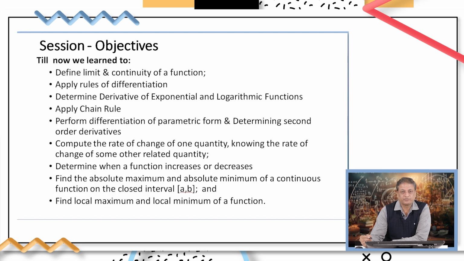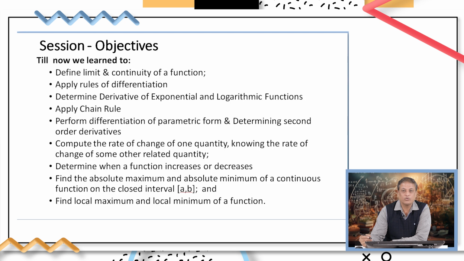Apart from this, we understood what are the rules of differentiation and learned how to determine the derivative of exponential and logarithmic functions. We understood about the chain rules and performed the differentiation of parametric form and also learned how to determine the second order derivatives.